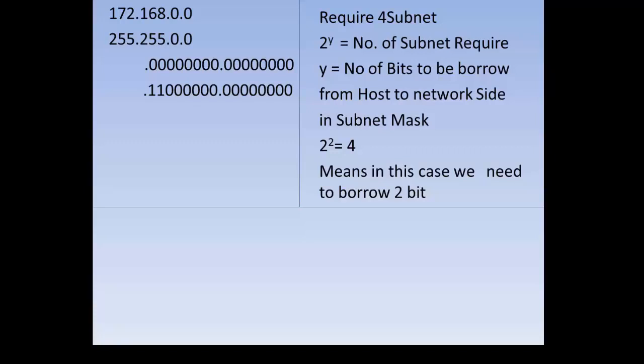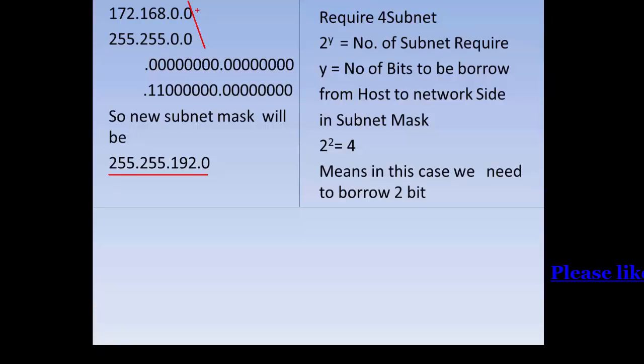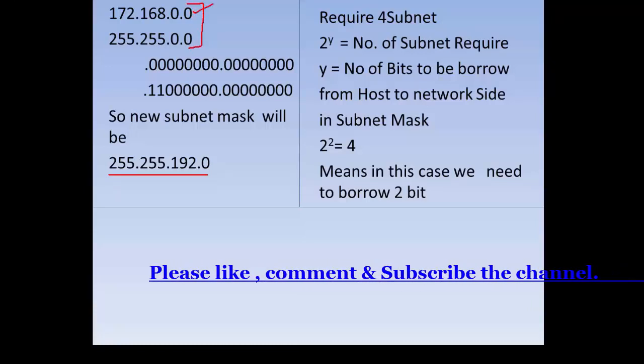When we convert this into the decimal number system, the new subnet mask will be 255.255.192.0. This will be our new subnet mask when I break this IP series, this network ID, into the 4 subnets.